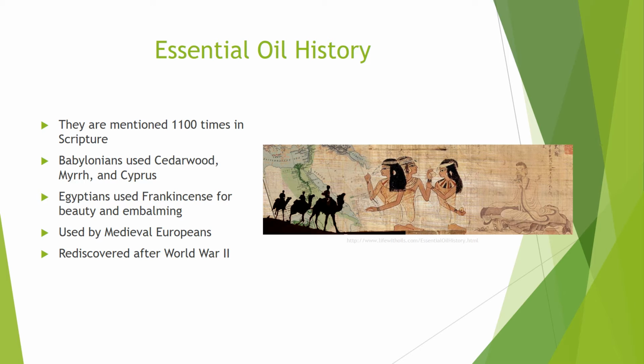And essential oils were used by the medieval Europeans, many of whom brought oils back during the Crusades. It was only after World War II when essential oils were rediscovered, and the science on their uses just keeps growing every single year.